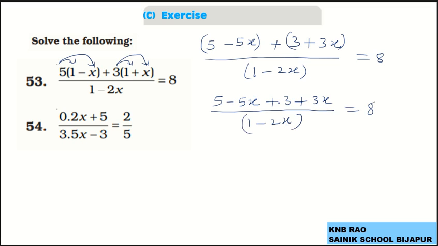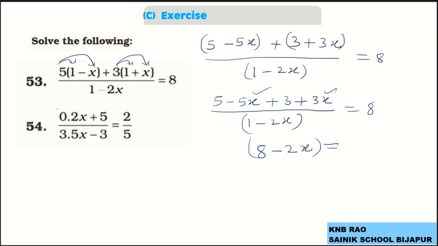Now, 5 plus 3 are like terms, and their sum is 8, minus 5x plus 3x are both like terms, their simplification is minus 5 plus 3. So, difference to be done, and their difference is 2, and it will have the sign of the bigger fellow, sign of 5 is minus, so negative comes.